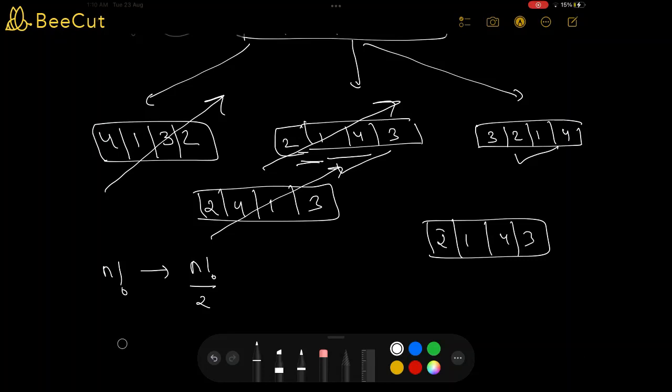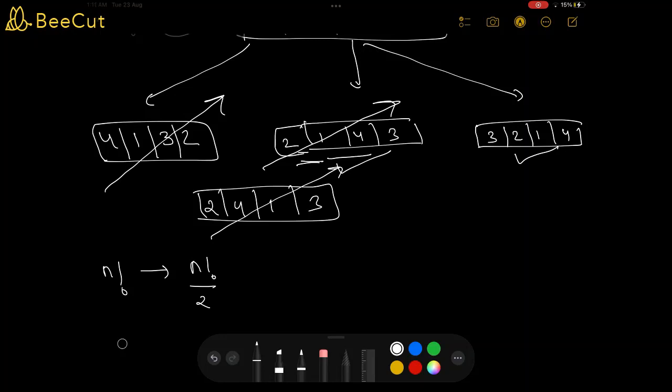If I'm comparing these two elements 2 and 1, in almost half of the arrays 2 will be before 1, and in another half 1 will be before 2. So this is the asymptotic notation, which says that in almost half of the arrays the first element will be before the second one, and in the other half the second element will be before the first one.